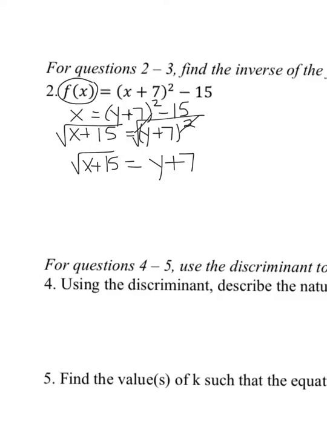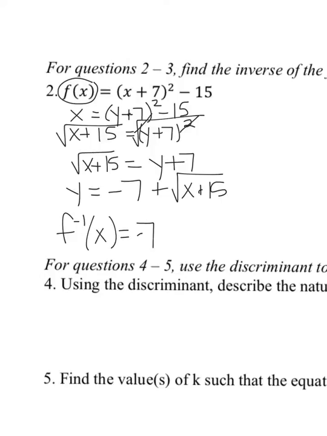So then I would just subtract 7. I'm going to put it out front though. So y equals negative 7 plus the square root of x plus 15. And then I'm just going to write it in the correct notation. So this is my final answer: negative 7 plus the square root of x plus 15.